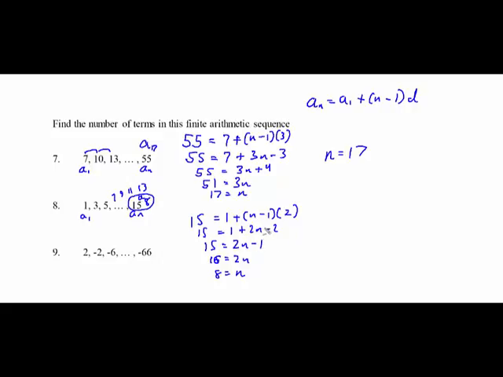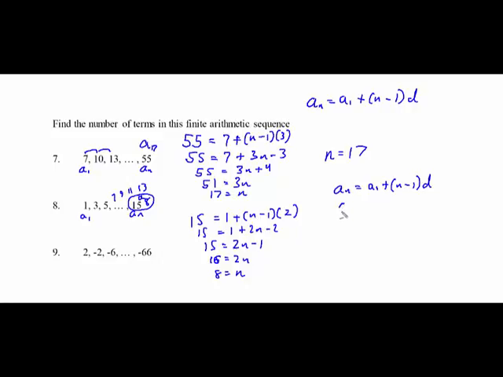Now again, I could have really just done that instead of the equation, but when we get to the test, you'll have very much bigger numbers. So you're really going to need to be able to use this equation. And check this out, we're going so far into the negatives, it might be a little tricky to figure out where we are. So let's use the equation a sub n is equal to a sub 1 plus n minus 1 times d for problem number 9.